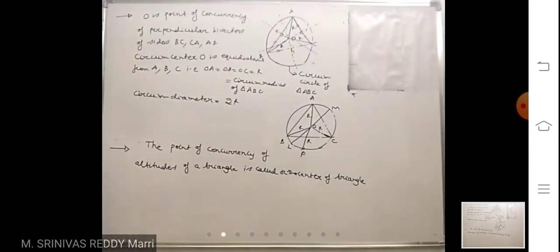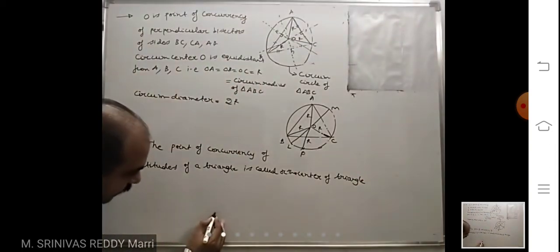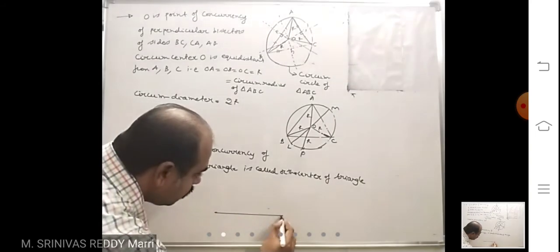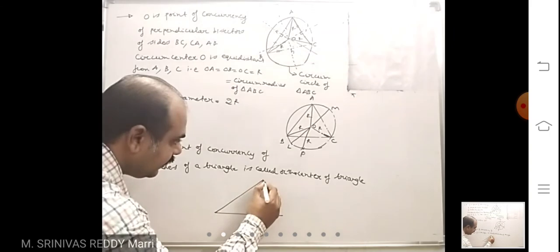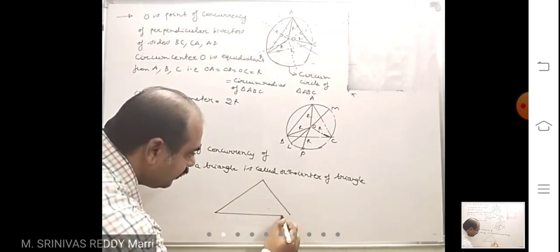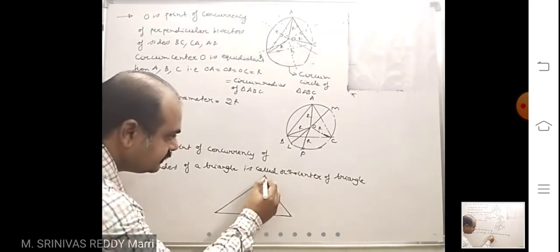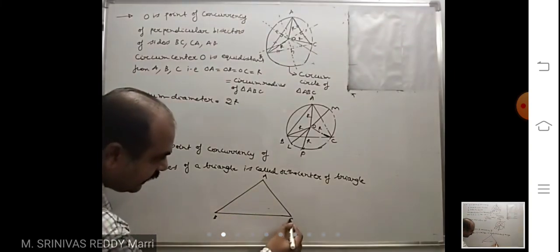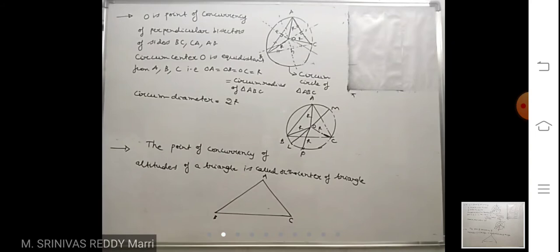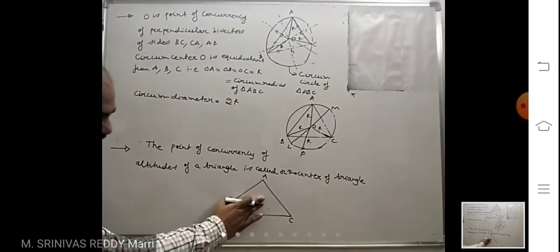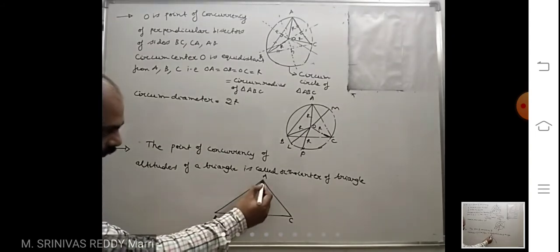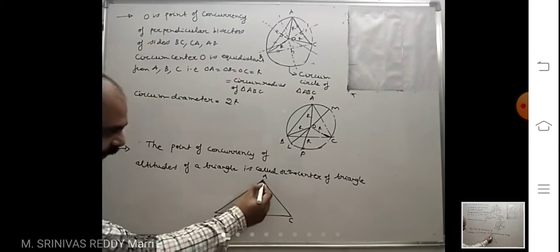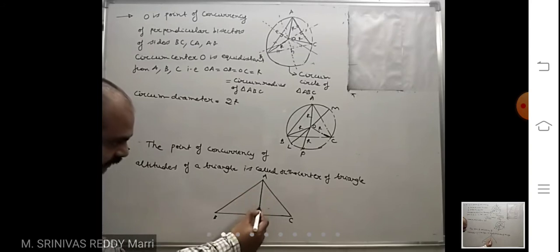Right? Look at what is meant by altitude. I am drawing a triangle here. So this is triangle ABC. Altitudes means, look at it, the altitude passing through A is nothing but a line passing through A and perpendicular to BC.